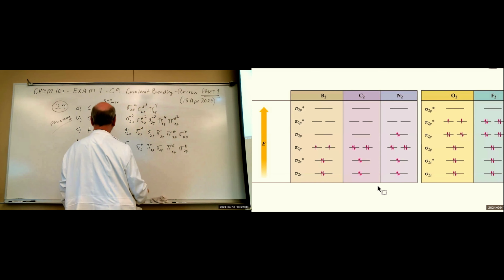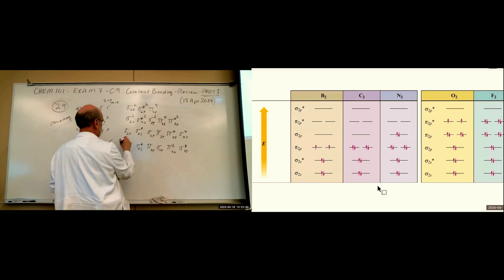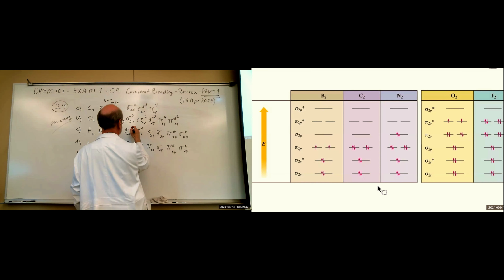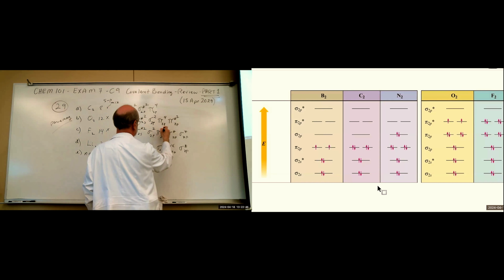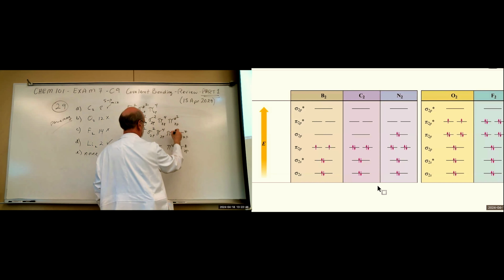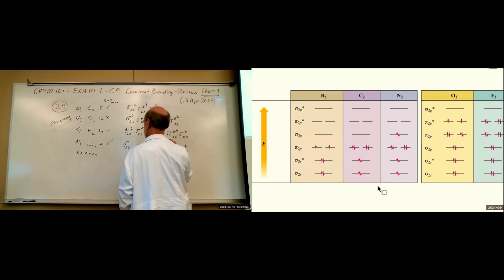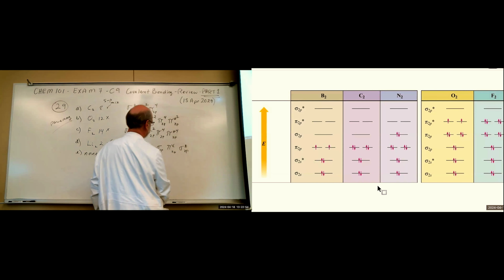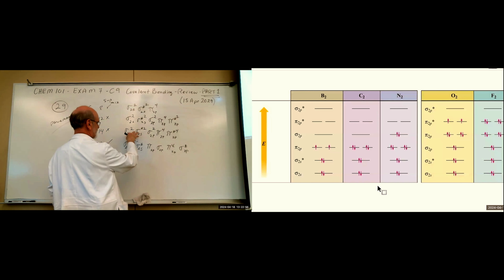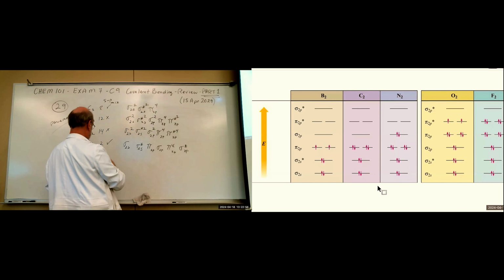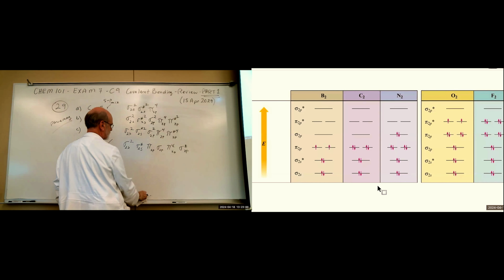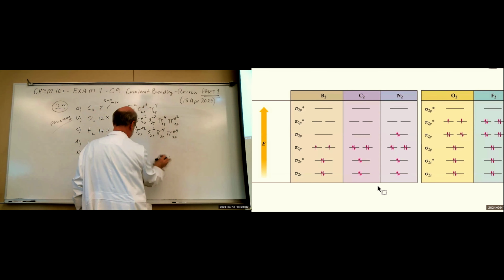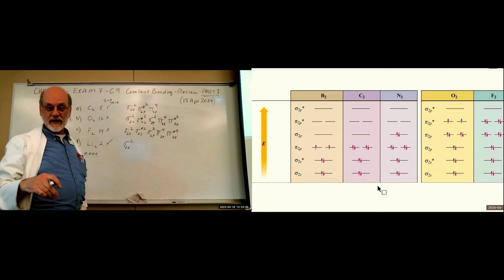There we go. And then fluorine, difluorine. We have 14. 2, 4, 6, 4 is 10, and 4 is 14. Correct? 8, 6, yeah. And then 2 here. That's it. Okay, now we can answer the question.